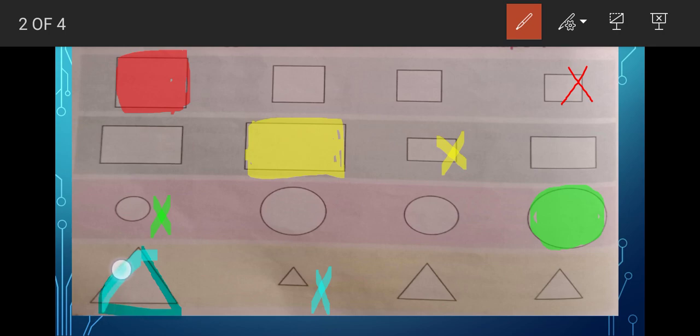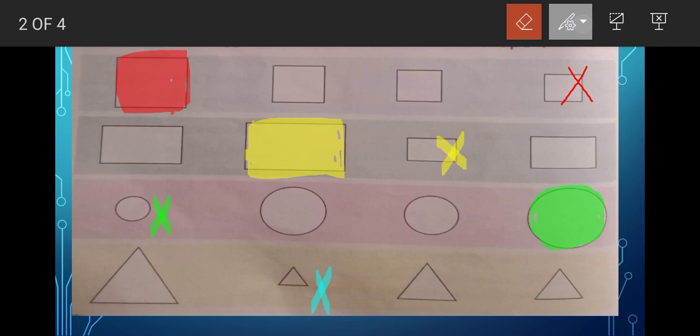So if anything is going out, you may erase it also with the help of the rubber. Okay, but don't use sketch pens. See, now here so much has gone out, so I am trying to erase it.